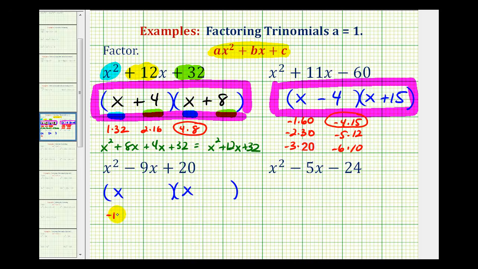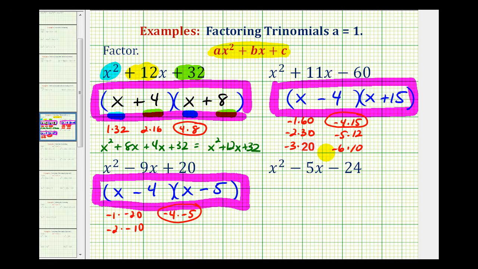So we'd have negative 1 times negative 20, negative 2 times negative 10, negative 4 times negative 5, and negative 4 plus negative 5 is equal to negative 9, our middle coefficient. So we're going to have x minus 4 times x minus 5. So here's our trinomial in factored form.